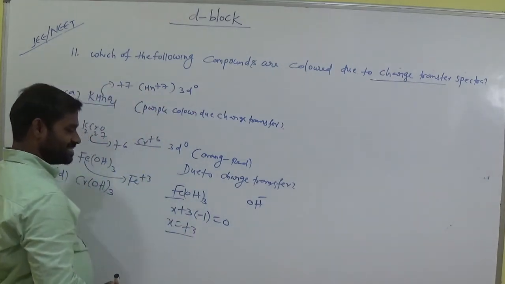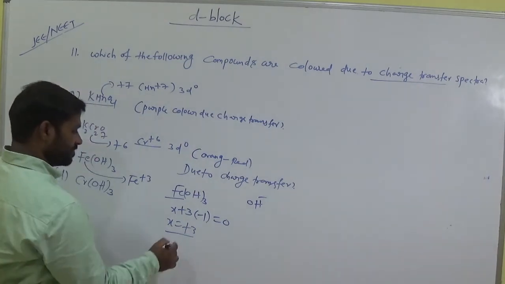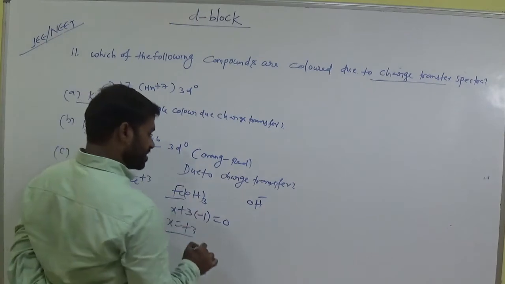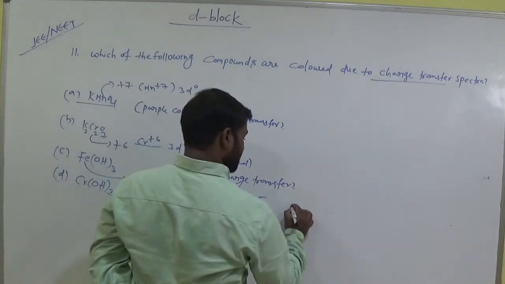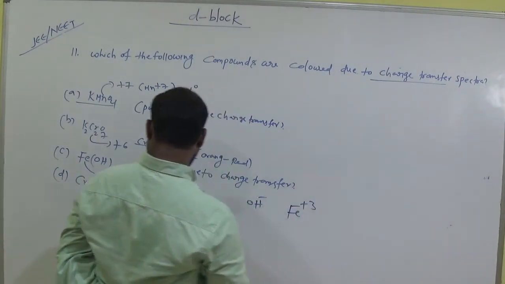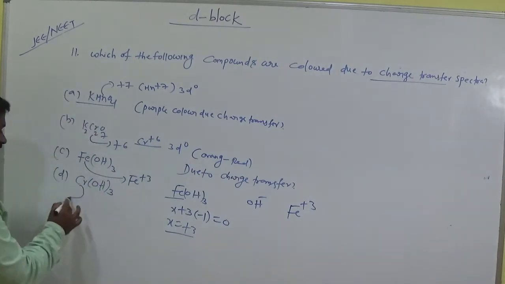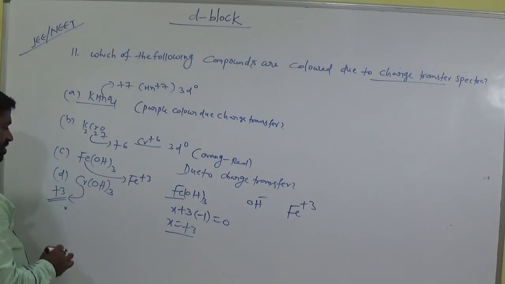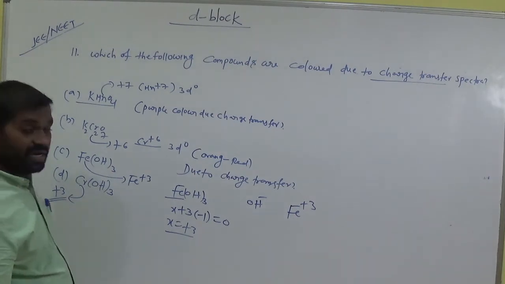Fe +3 is brown in color, due to unpaired electrons only. Here also chromium +3, which is clearly violet in color.